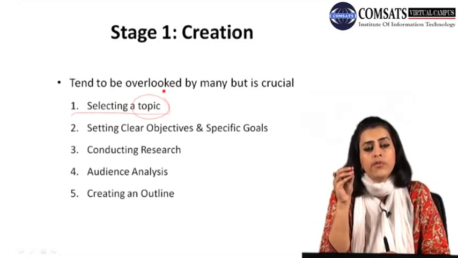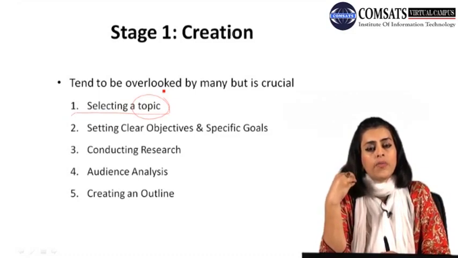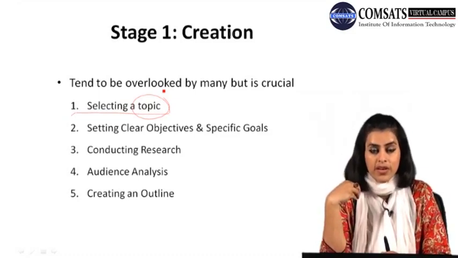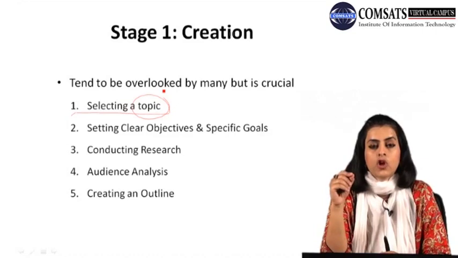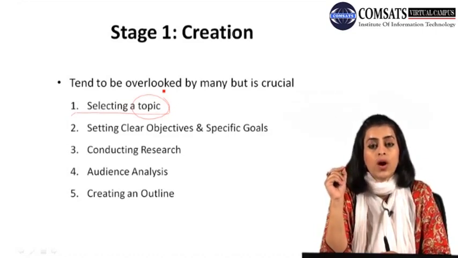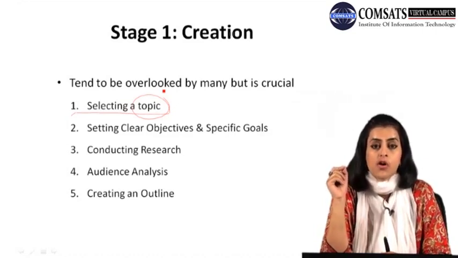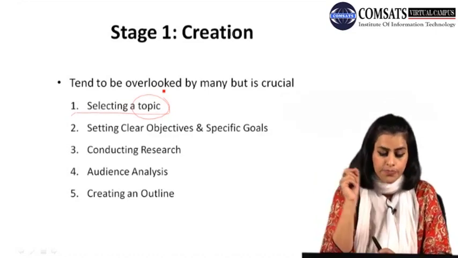Whenever and wherever people hear that topic, they would be interested in listening to what exactly is going on. So selecting a topic for your presentation is the number one thing, and it is very important for your business scenario.